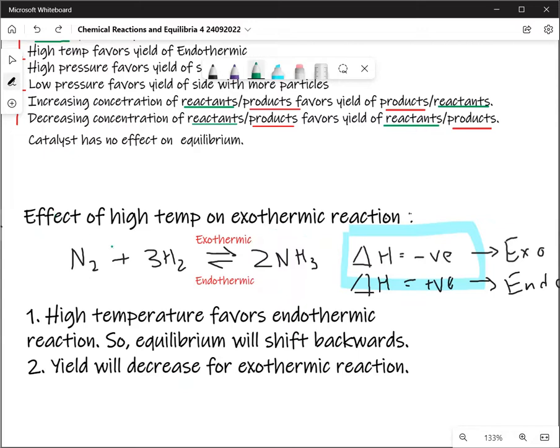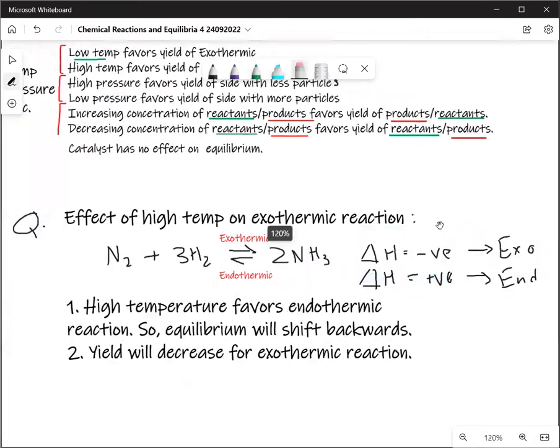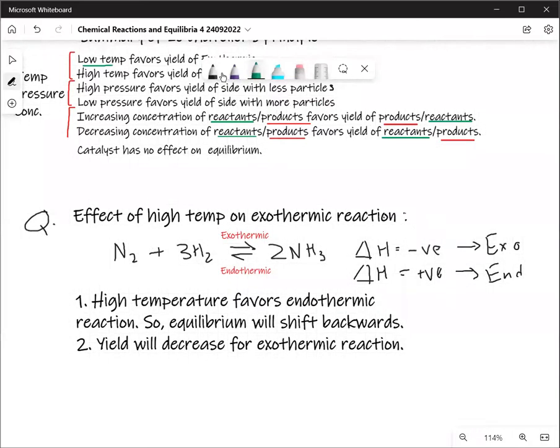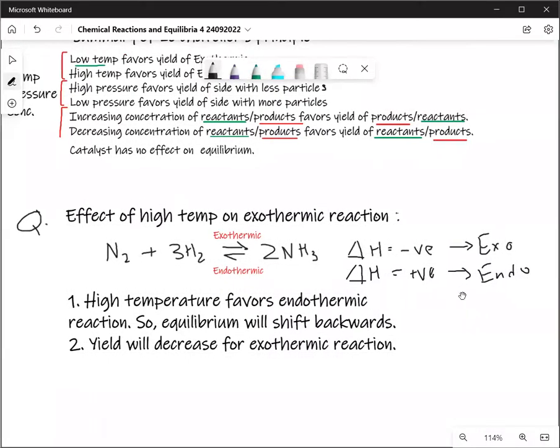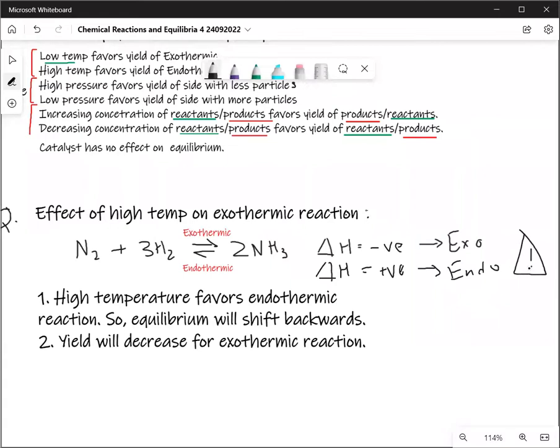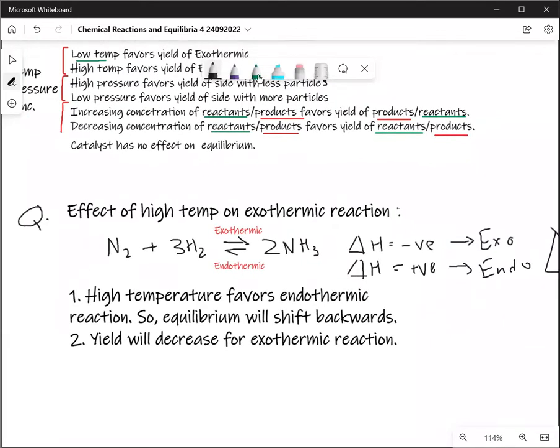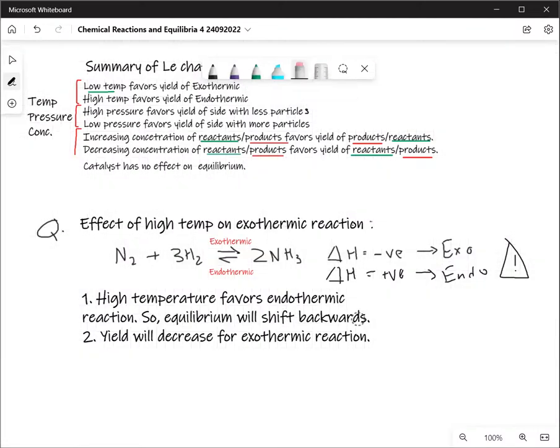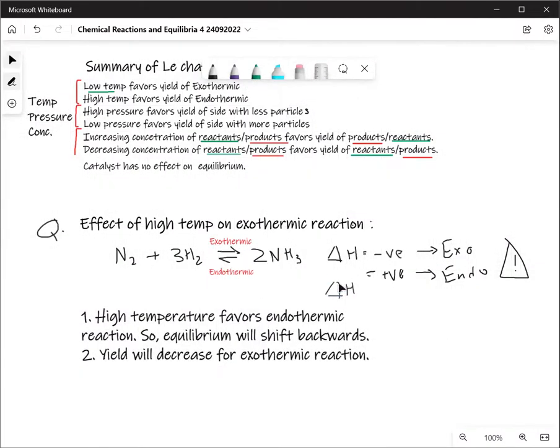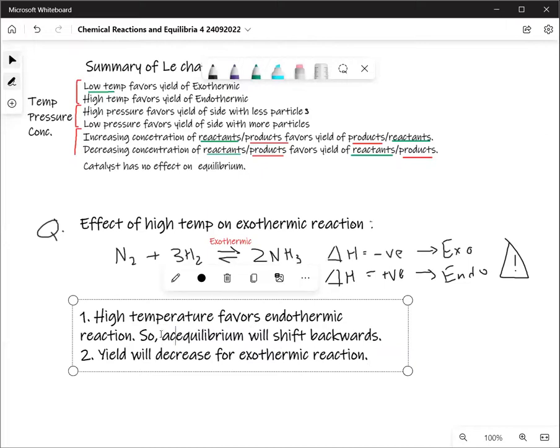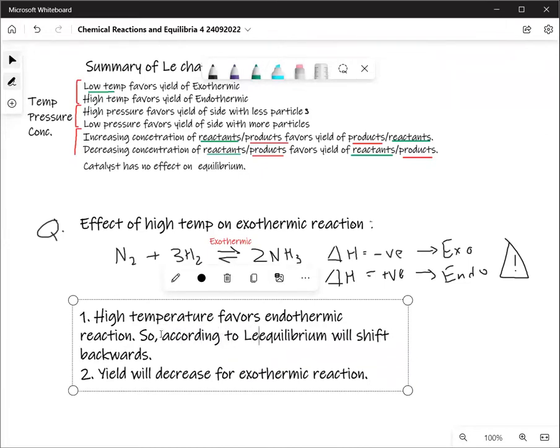I'll give you more questions. Have you written this in your notebook? For any question in the exam, this is the format of answer you write. High temperature favors the backward reaction, so according to Le Chatelier's principle, equilibrium will shift backwards.